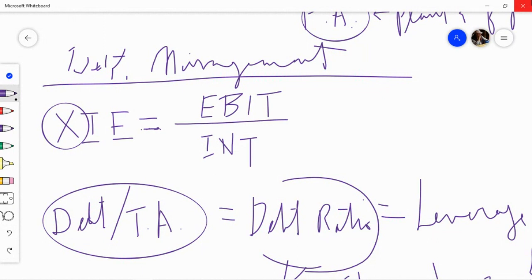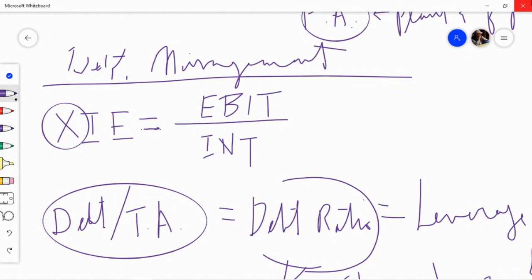But in the early stage of my graduate school, looking at this term, times interest earned ratio, I had a hard time understanding what it meant, because I thought that times meant something chronological.